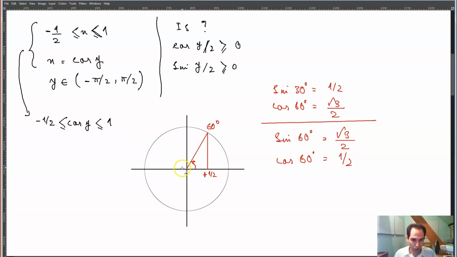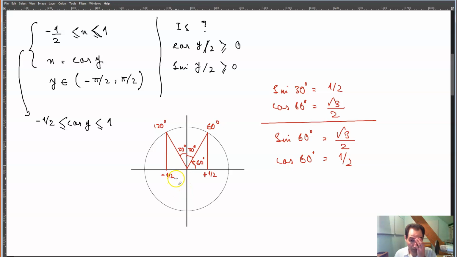And so if I go to the second quadrant and take some angle over here, you can see that this angle is 30 degrees because this is 60 degrees, right? So if I have a 30-degree angle here, this angle is 120 degrees, of course, 90 plus 30, and the cos of this angle would be exactly negative 1/2.